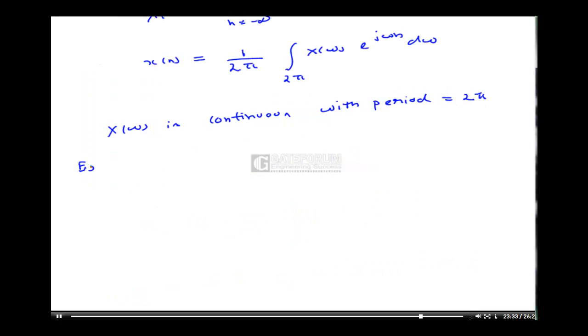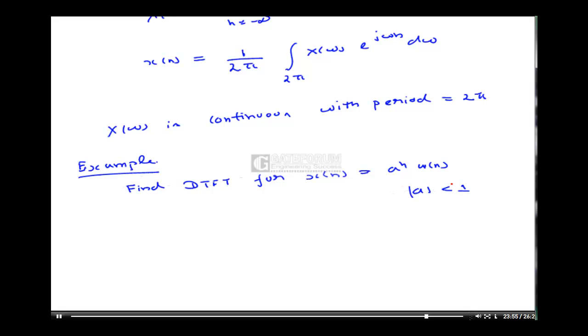Example: find the DTFT for x of n equal to a to the power n u of n, where mod a is lesser than 1. First we have to see whether x of n is convergent or not.